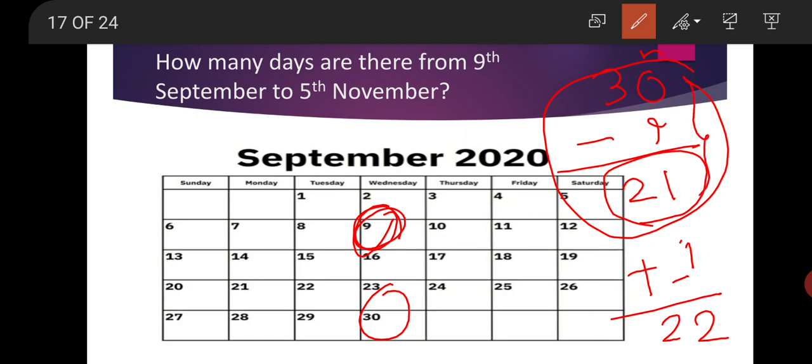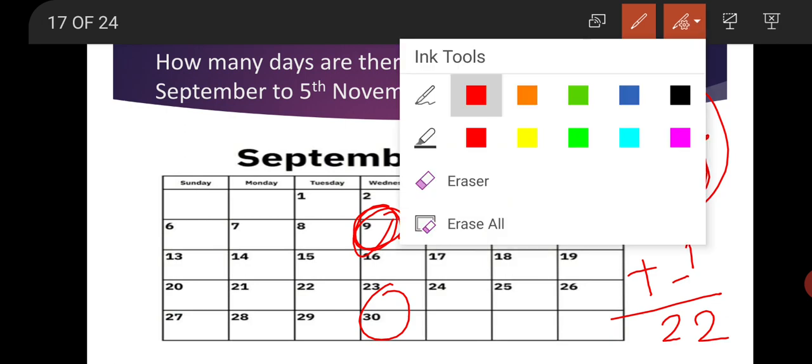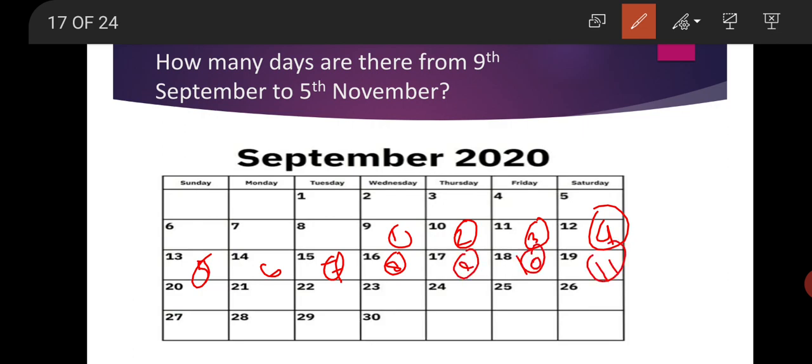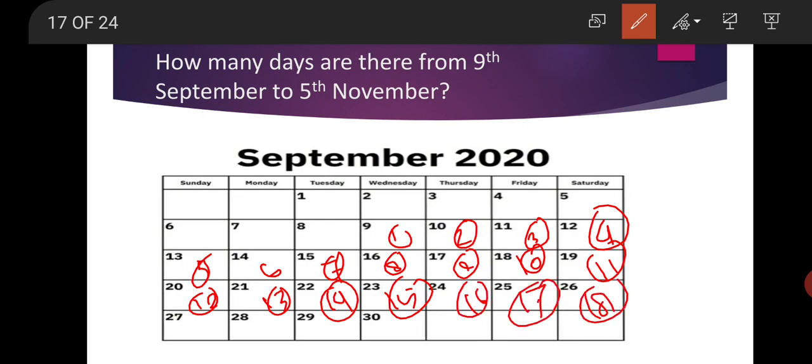Now let us verify why. This is 1, 2, 3, 4, 5, 6, 7, 8, 9, 10, 11, 12, 13, 14, 15, 16, 17, 18, 19, 20, 21, 22.